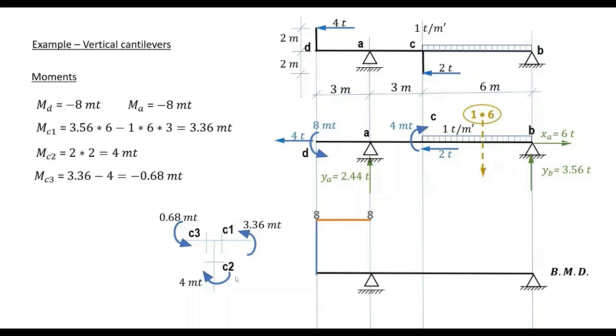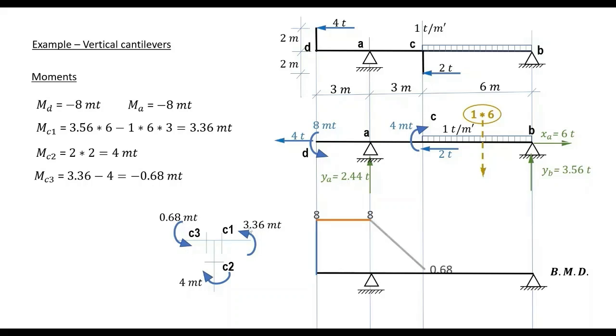We note that 3.36 plus 0.68 gives this 4 meter tons here. So MC3 will have 0.68 meter tons plotted upwards with the tail of our moment.